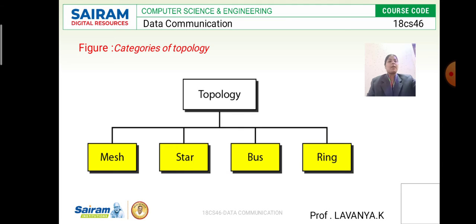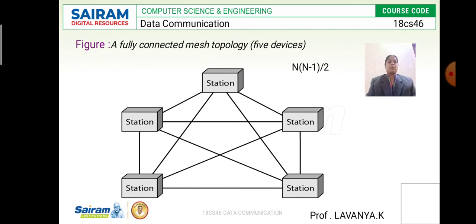We will see one by one. What is the mesh topology? The mesh topology is a fully connected mesh topology with n nodes. Why? Because each and every station is interconnected with each other.